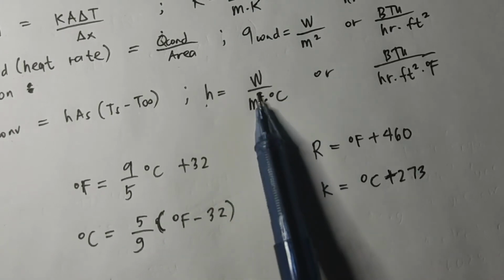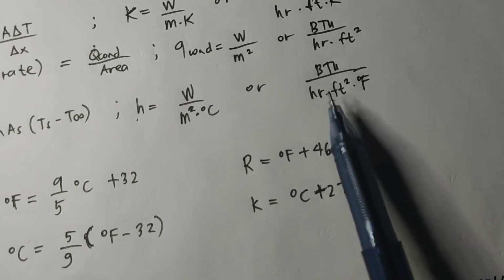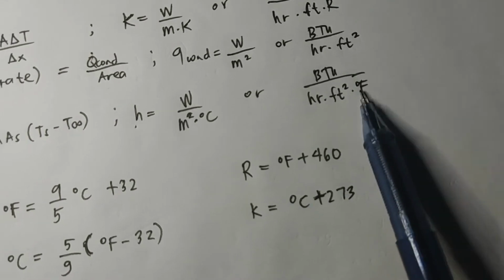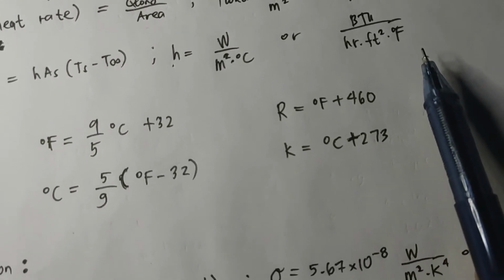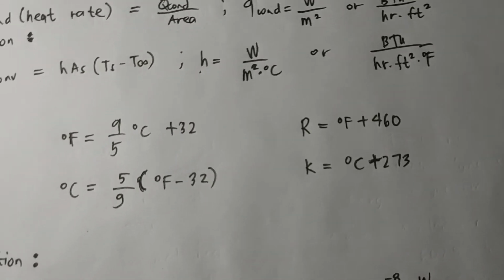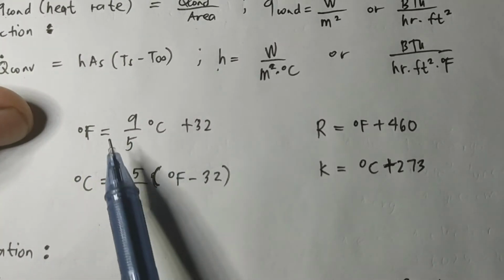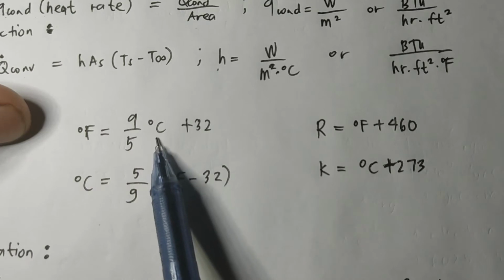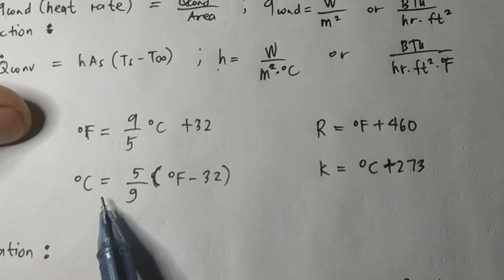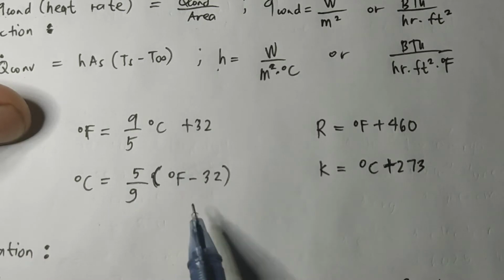Ang unit niya ay watts per meter squared degree Celsius. Sa English unit siya ay BTU per hour feet squared degree Fahrenheit. So tandaan din natin itong mga conversions ng temperature. Fundamental ito sa thermodynamics. We have degree Fahrenheit, equal siya sa 9/5 degree Celsius plus 32. And degree Celsius is equal to 5/9 times the quantity of degree Fahrenheit minus 32.